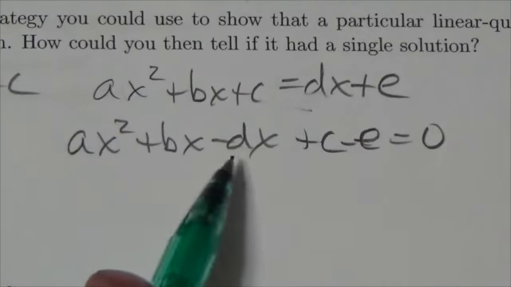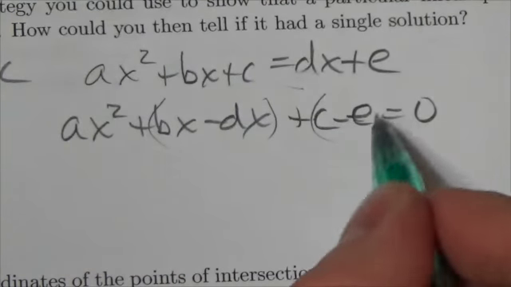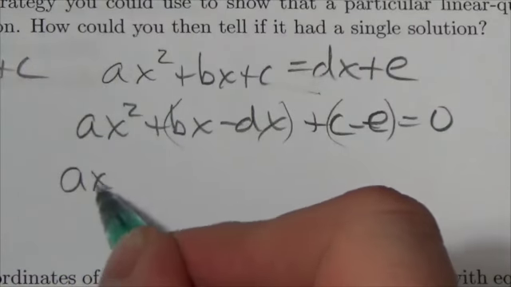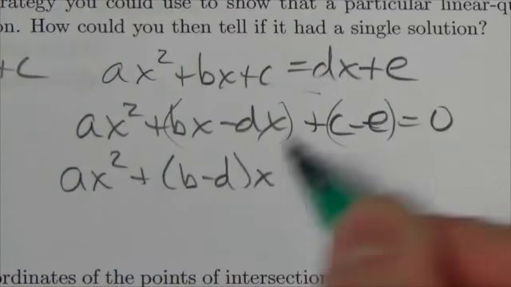Now, I'm going to put brackets around these two terms and brackets around these two terms because they are like terms. So this is going to end up being ax squared plus (b minus d)x plus, at the back end, (c minus e) equals 0. Now, how could I tell that this has no solution or it has one solution?